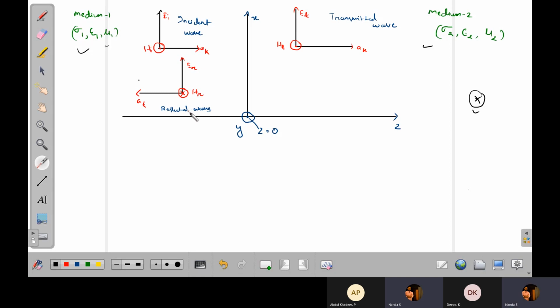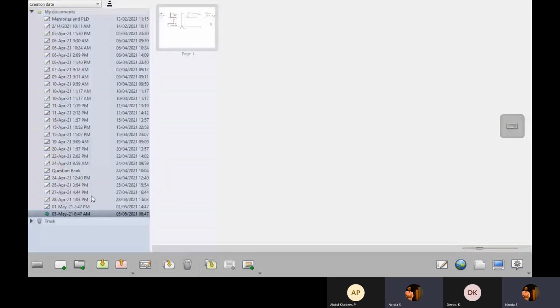Now the equations for the reflected wave, transmitted wave, and incident wave I have already written in the previous class. I hope you remember that. Let me just show you once.